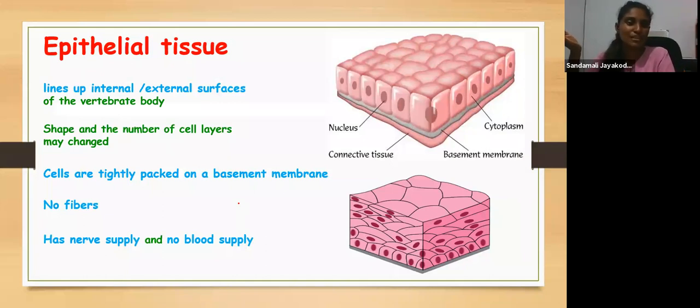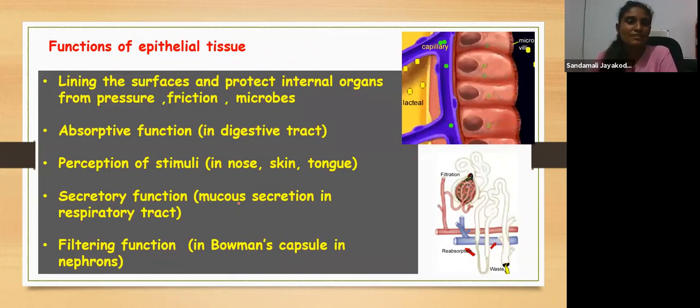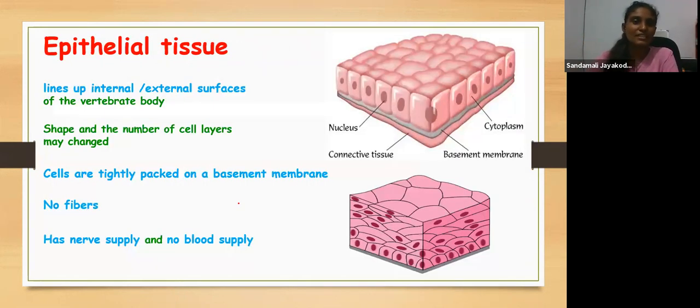The reason for that is it has a nerve supply to feel, but there's no blood supply. And then we are going to discuss the functions of this epithelial tissue.